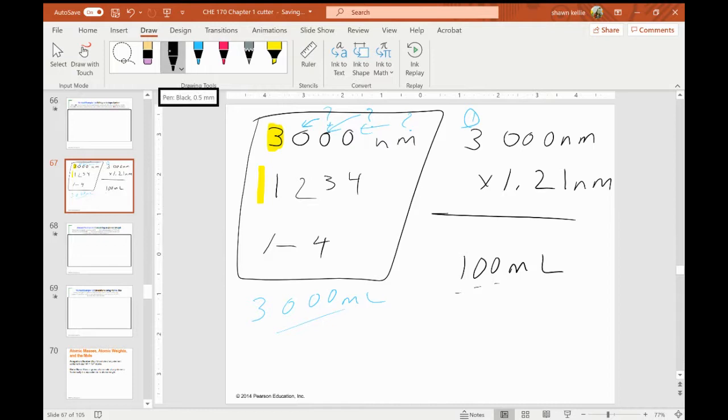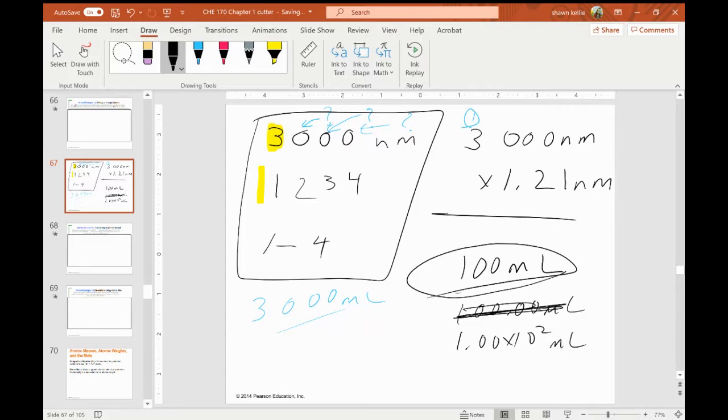And you wouldn't find a chemist in their general conversational writing or giving lab instructions to a grad student who would say, make me a 100.00 milliliter solution, or they wouldn't say, make me a 1 times 10 to the second milliliter solution. They would just say, go to the lab and make me a 100 milliliter solution. And there they would not only assume that it was going to be accurate to the ones, quite frankly.